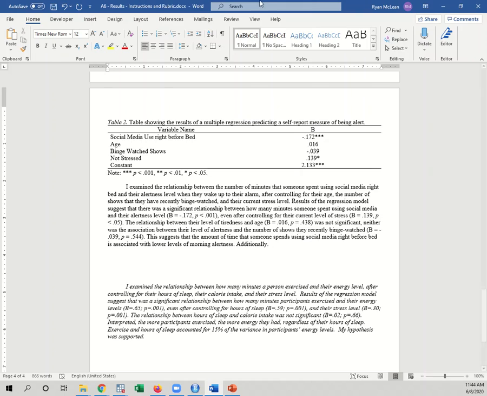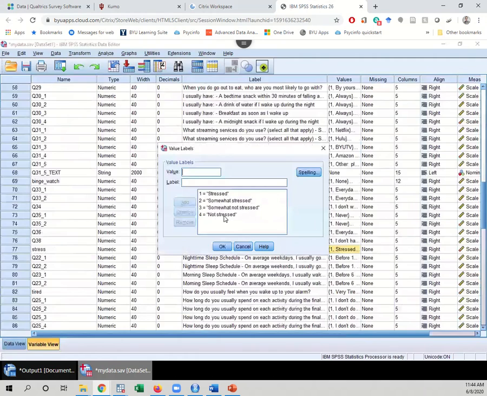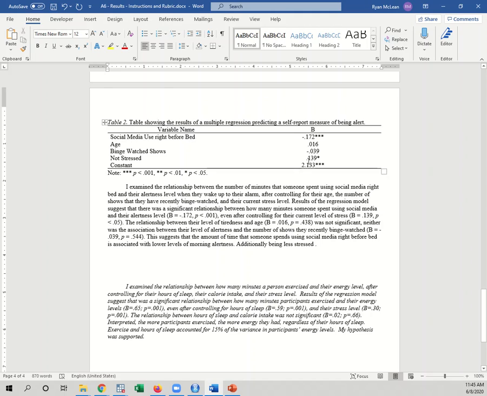Additionally, being less stressed, because remember over here we've got high values are not stressed, so higher values, because this is a positive, high values on being not stressed is associated with high values of being alert. So being less stressed is associated with being less alert.